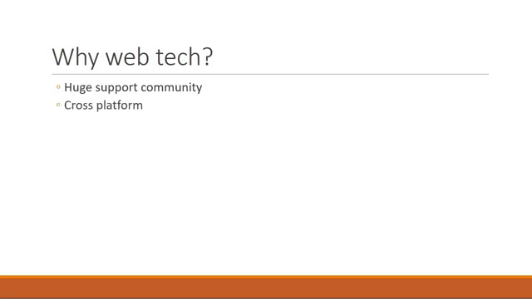And the second thing is that anytime you build desktop applications, you have to ensure that you address the different platforms like Windows or Mac OS to get that native feel of the application. Web technologies, on the other hand, are cross-platform. And that is why Electron was created, so that we can use web technologies to build desktop applications.